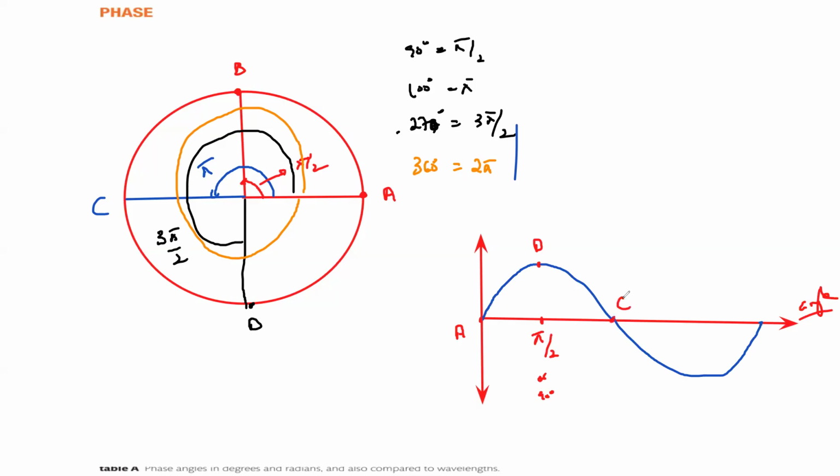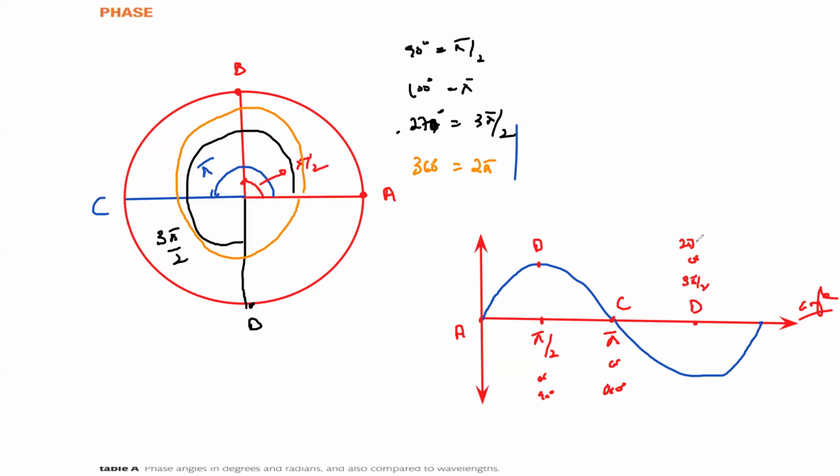Then from A to C, in a circle the half circle is 180, so for half of the wave, the angle will be pi or 180 degrees. Then for 3 by 4 of the wave, the angle will be 270 or 3 pi by 2.